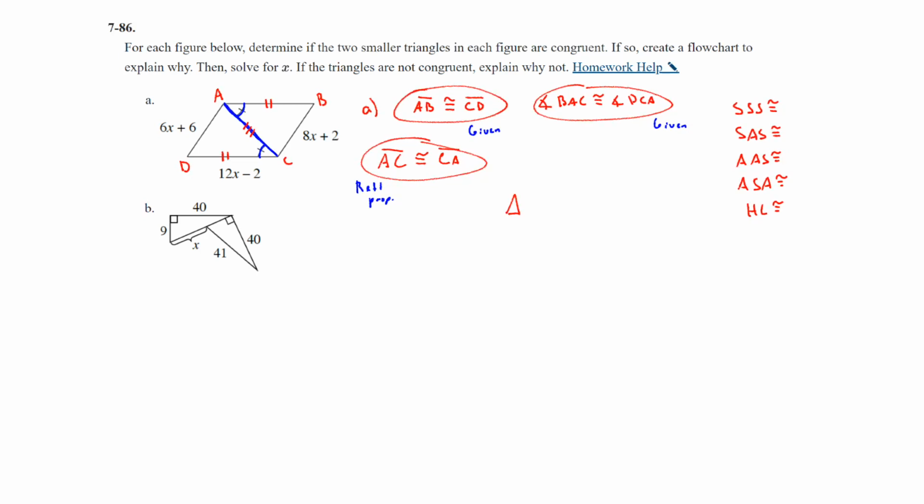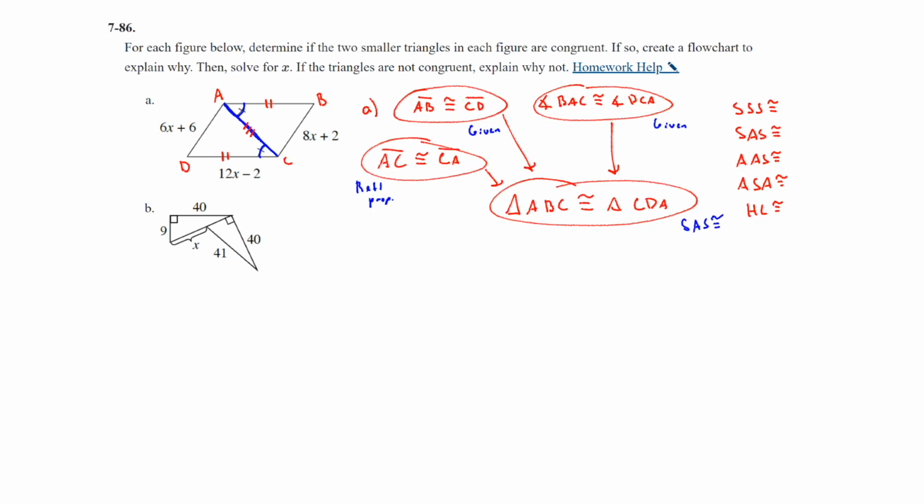So now we can say triangle ABC is congruent to triangle, let's see, that would be CDA. And so all three of these go to that, and we know that the triangles are congruent by side, angle, side congruency. Go back and make it blue. Side, angle, side. And so there's the flow chart.